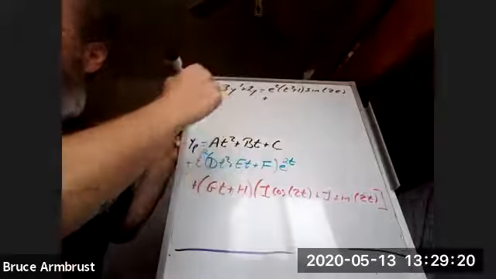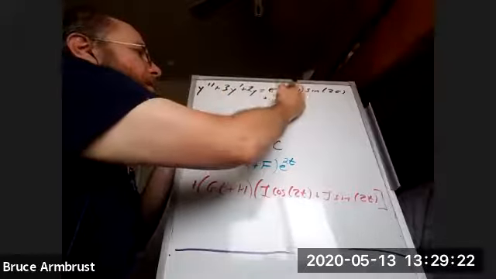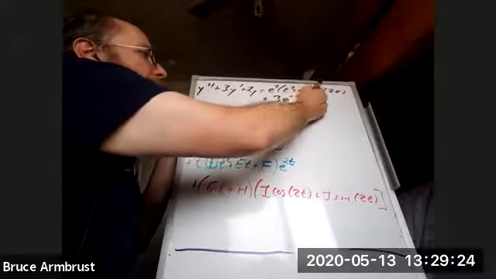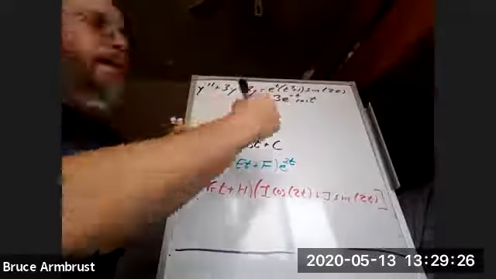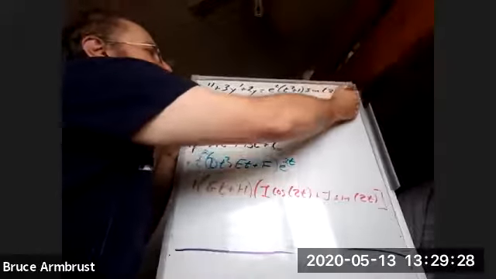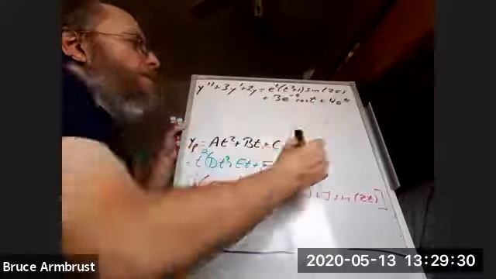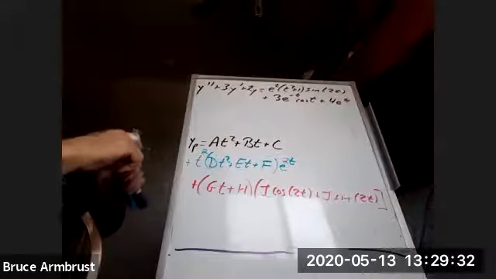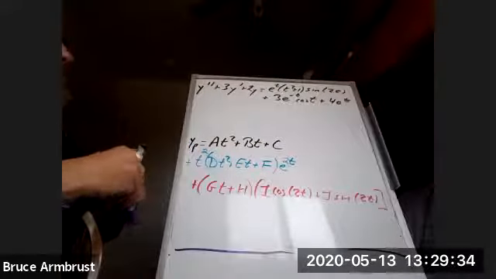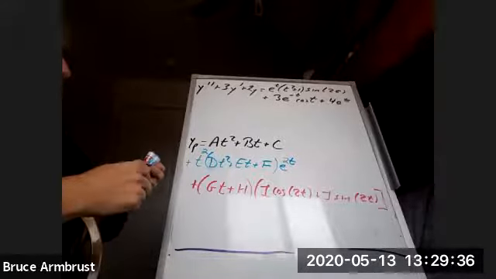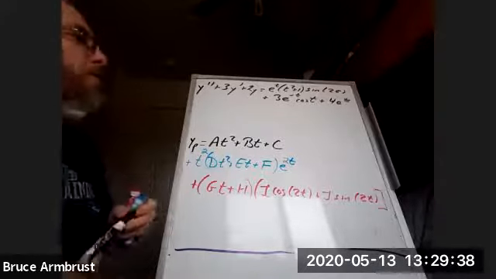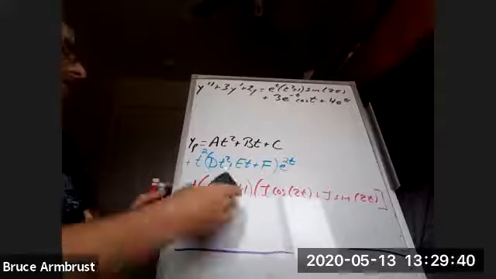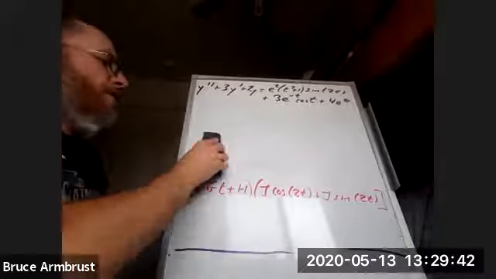And let's add to that 3e to the minus t cosine of t. And then add to that 4e to the t. All right, so our goal again is let's just get a form for the particular.